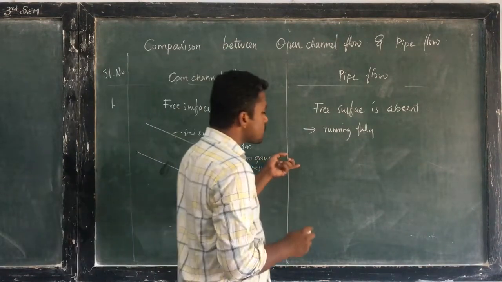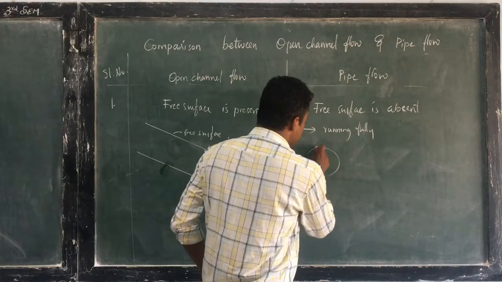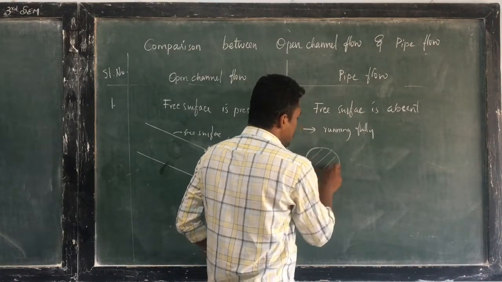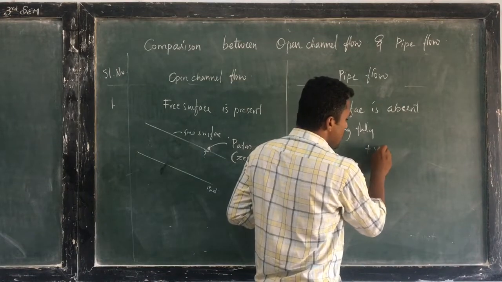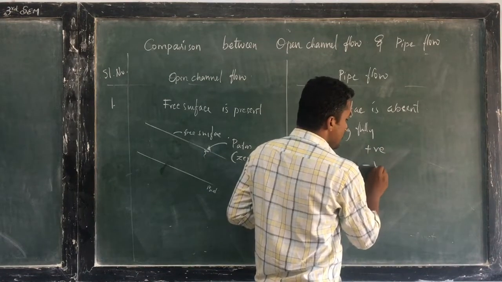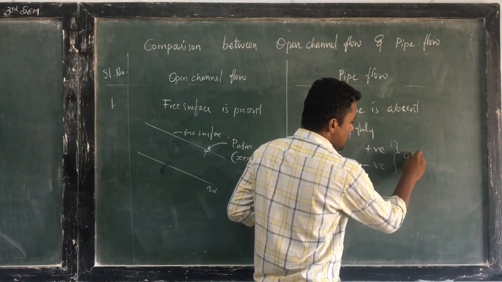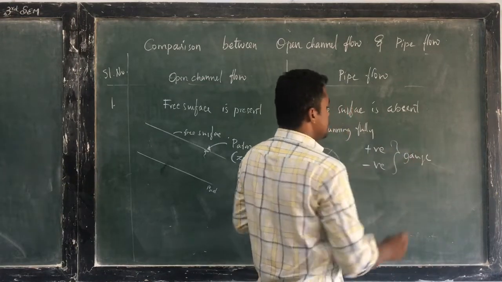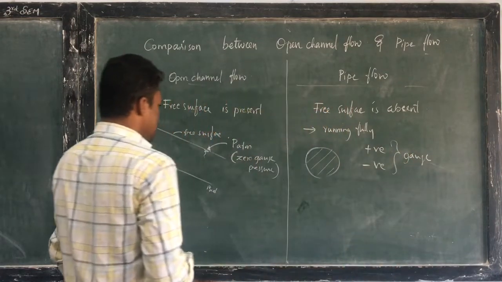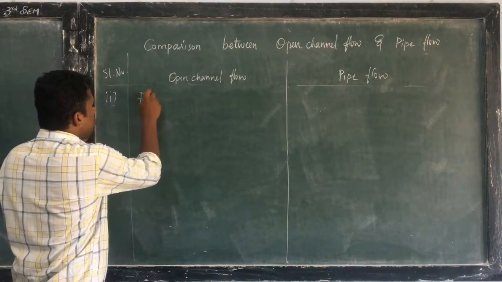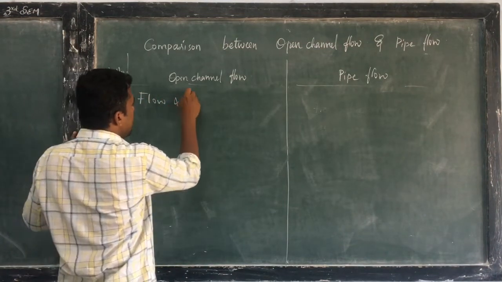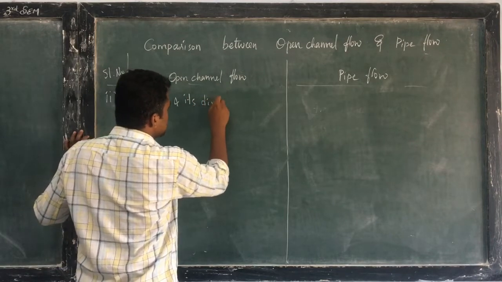Here, if you take pipe flow, then the pressure is either positive or negative. That means the gauge pressure is other than 0. The second one is flow and its direction.